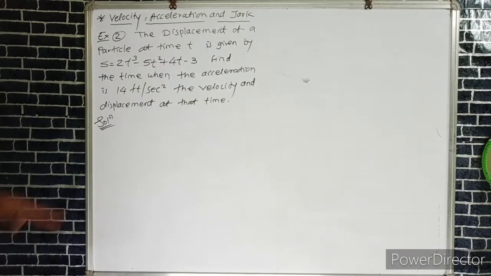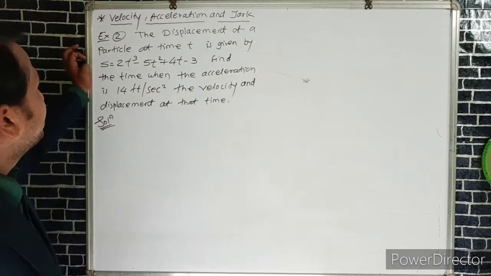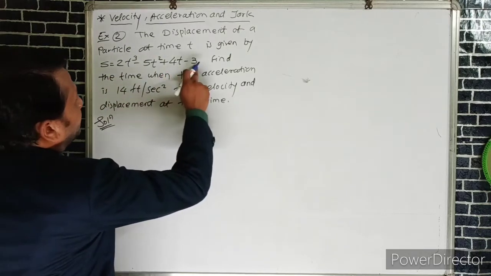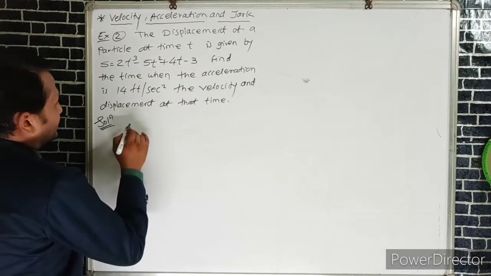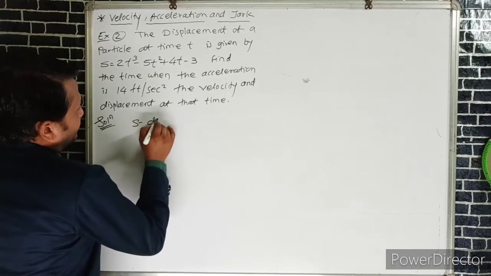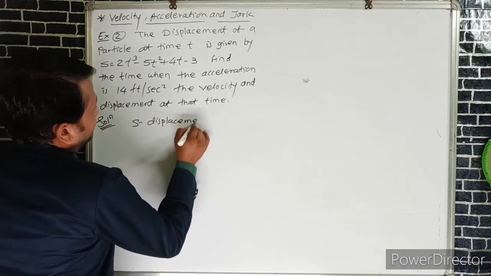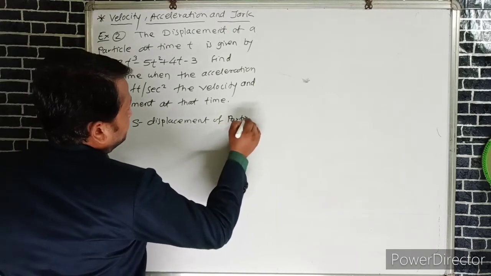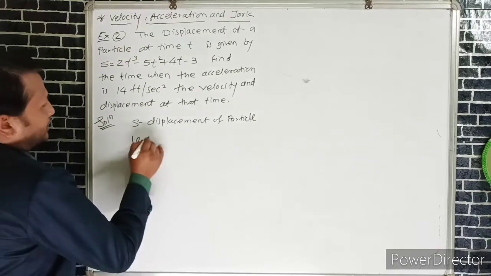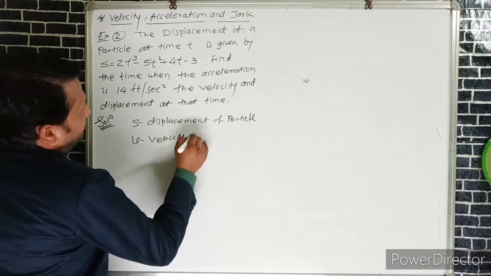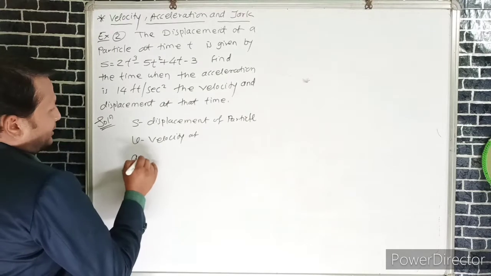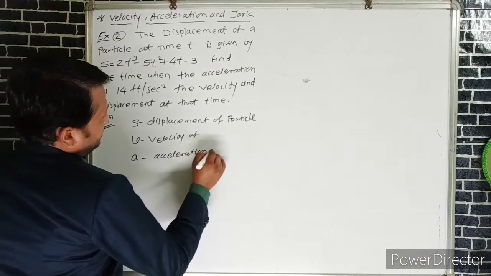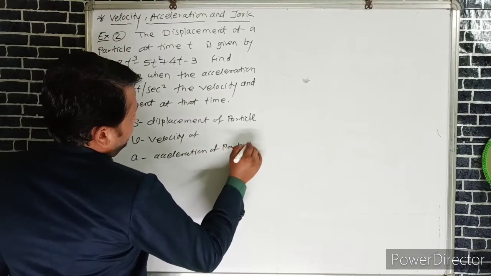So here the displacement of a particle at time t is given by s = 2t³ − 5t² + 4t − 3. Here first we consider that s be the displacement of the particle, v be the velocity of the particle, a be the acceleration of the particle.